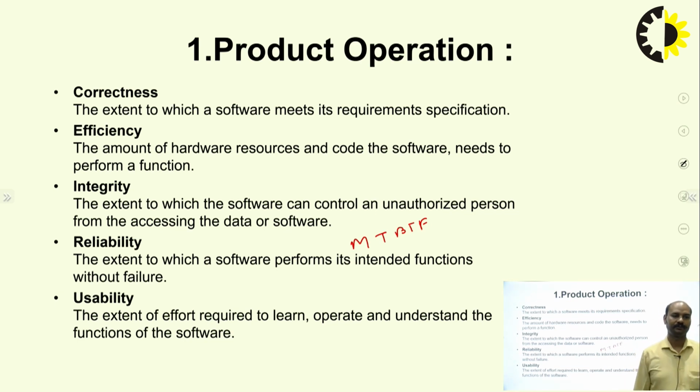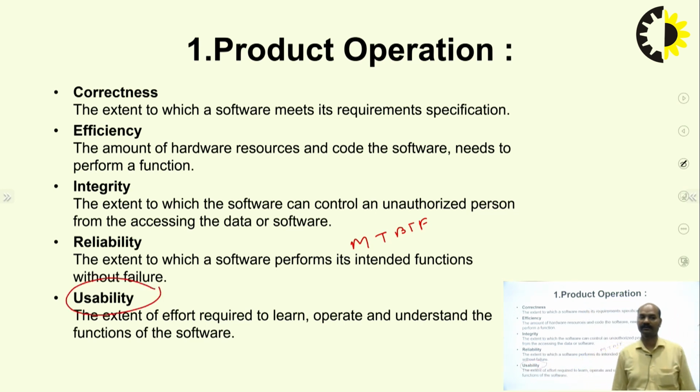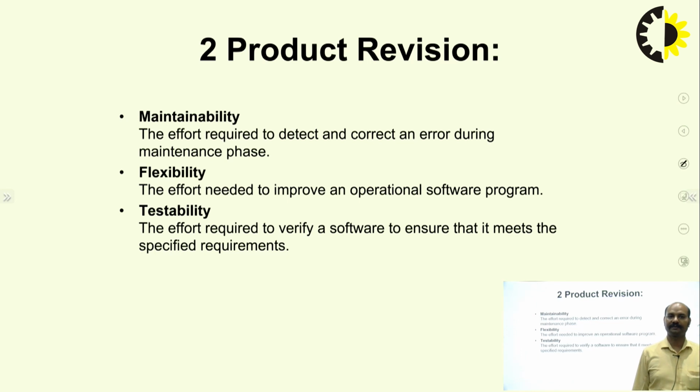Then usability, the effort required to learn, operate, and understand the function of the software. We must know that if the usability of our software is high, the client or customer easily understands our particular software. Then product revision.